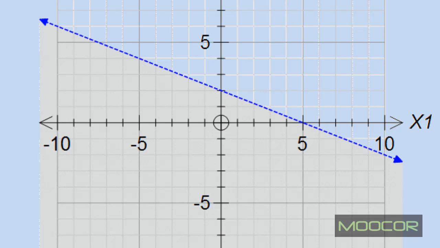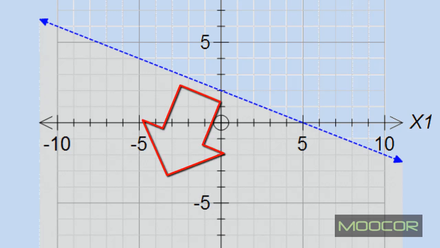How did I find that? By just testing one point. What is the easiest point to test? The origin, 0, 0. So I tested 0, 0. I plugged 0, 0 back into the inequality and saw how it worked. So how do I know about the rest of the points?